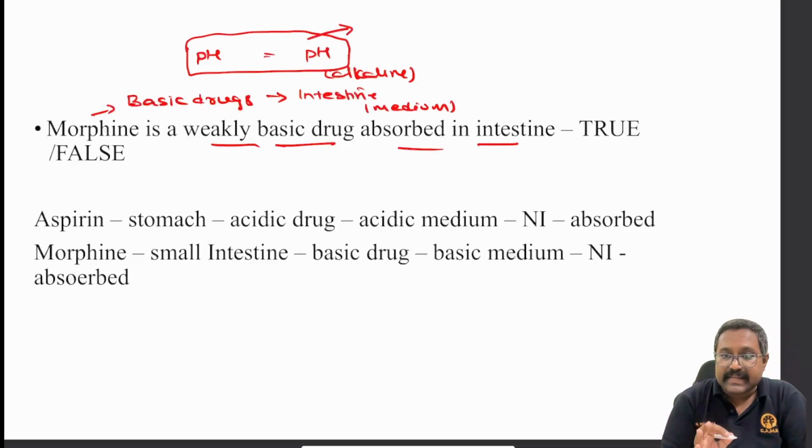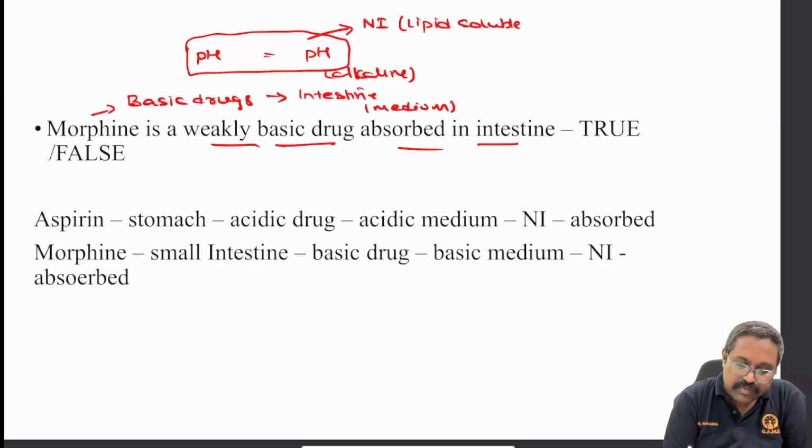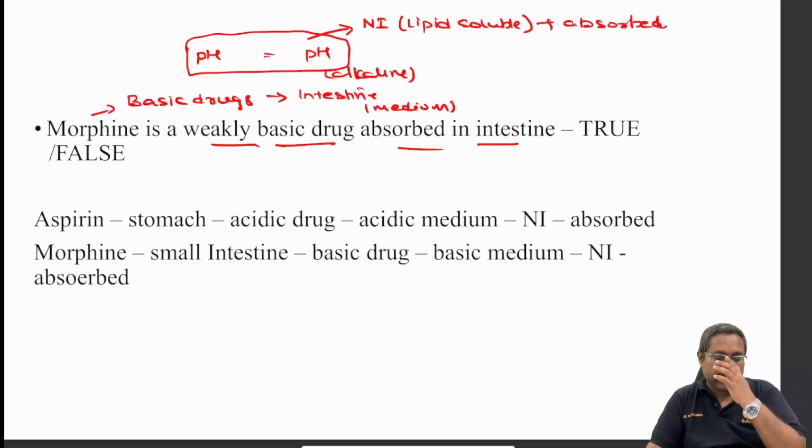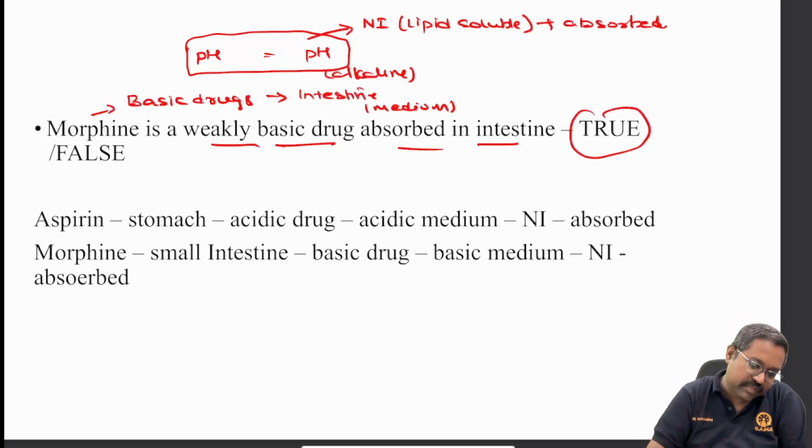If the drug exists in a similar pH, it will form a non-ionized form. That means it exists in the lipid soluble form, and this will be absorbed easily. So this is the concept behind morphine, and this is the true statement you should remember.